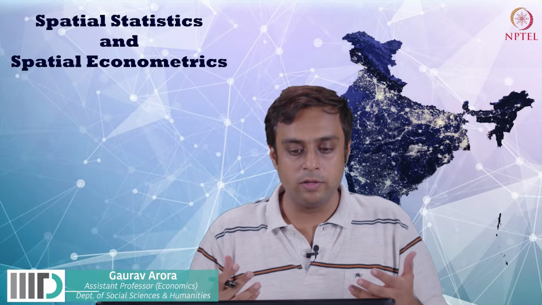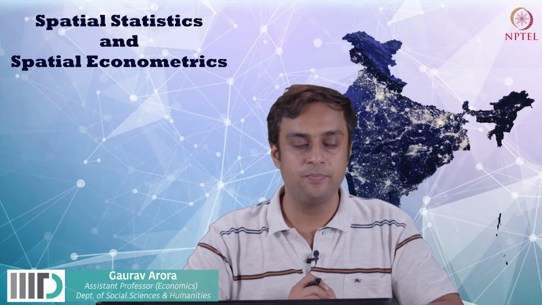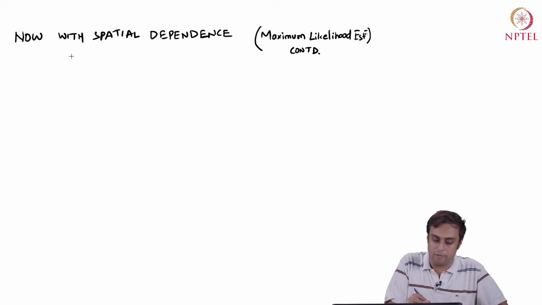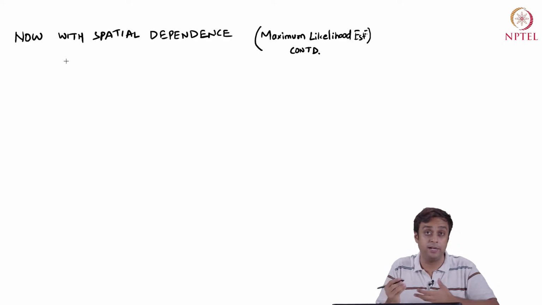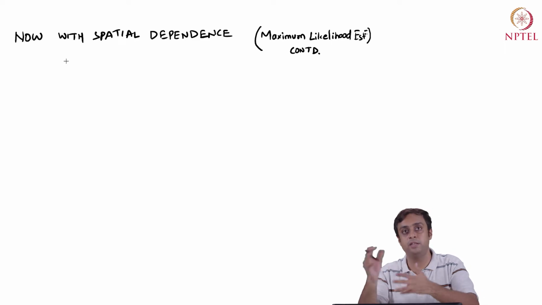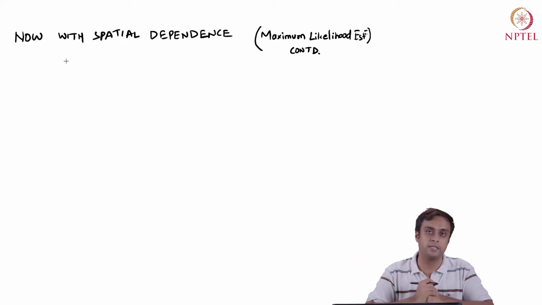All right. So, now that we have spatial dependence in data, the distribution of Z will look slightly different, and we have seen that it will be different in the variance covariance matrix representation.